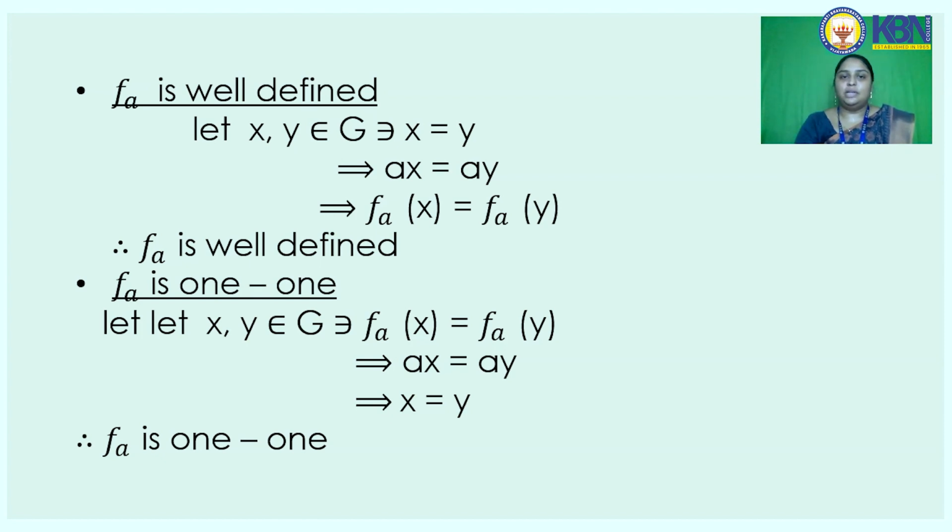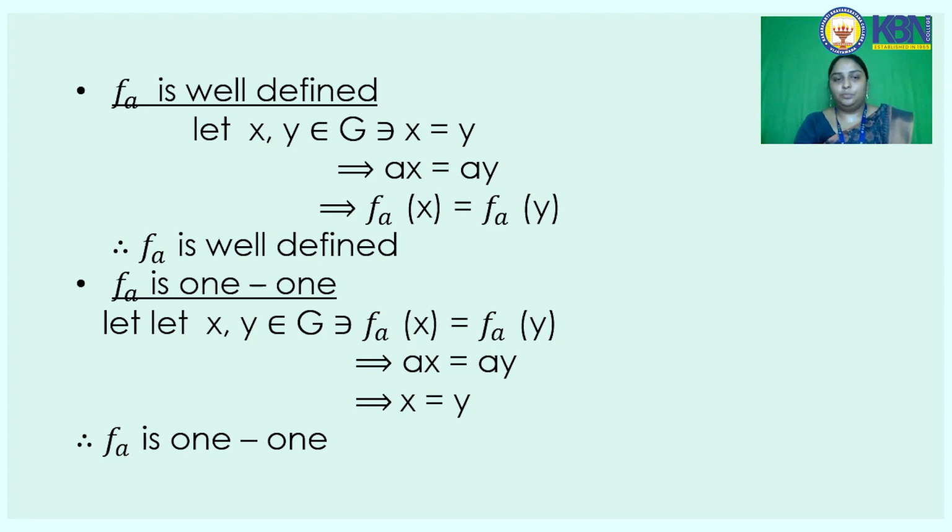By using that property, we multiply by an element a in G on both sides. Then we get ax is equal to ay. From the mapping, we can write ax as f_a(x) and similarly ay as f_a(y). That means if we take any 2 equal elements in the set G, then their images are equal. Clearly, f_a is well defined.